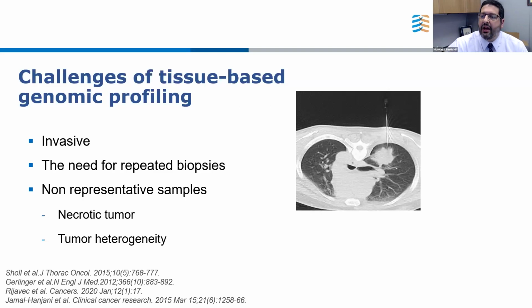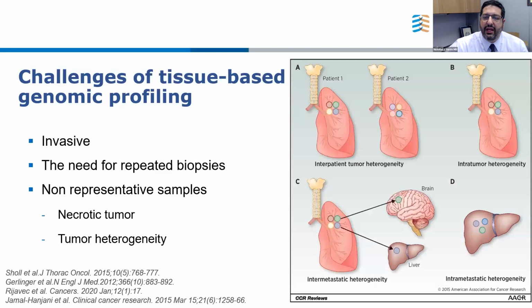And then there's another topic called tumor heterogeneity. That may explain why we're not successful with tissue sampling for molecular analysis. So you can have it as intratumor, where in B, you see in this tumor, there's 4 different types of molecular profiles.